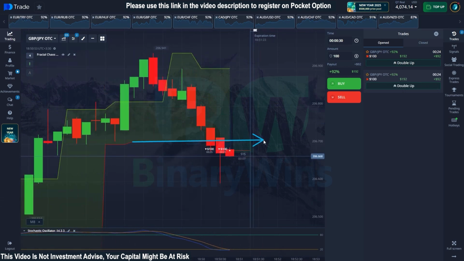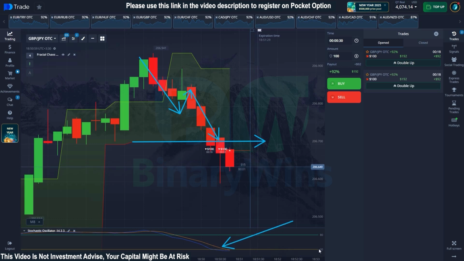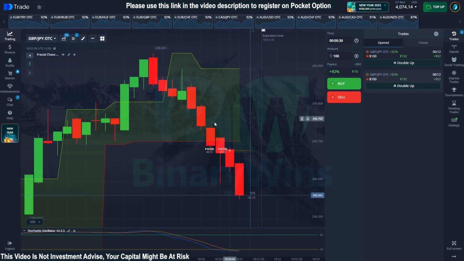Look here. The trend is down. The main lines of the stochastic have touched the lower line, so I entered two lower trades.